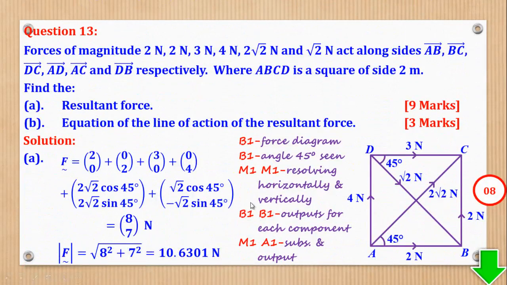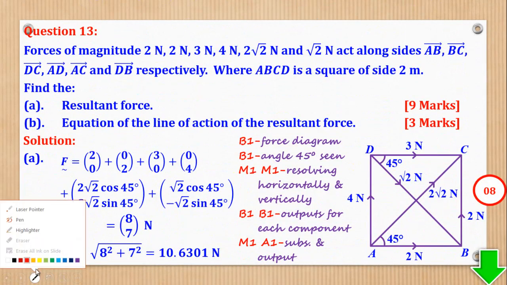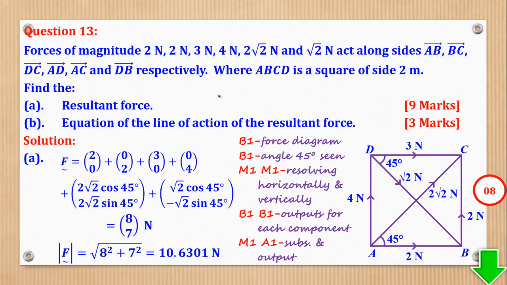So 1, the general formula for taking moments is FD sine theta, where this is force, this is D, this is the pivot, and this is the angle. So we shall use FD sine theta. The special case is when the angle is 90, because sine 90 degrees is 1.